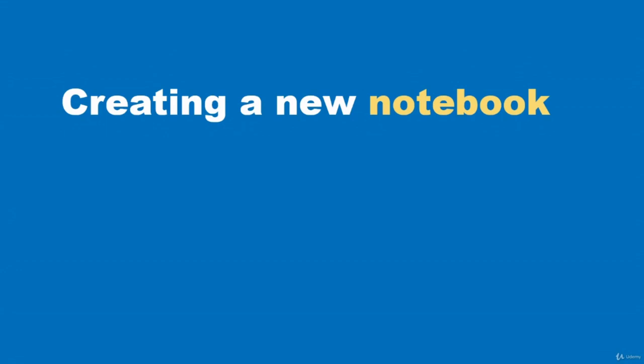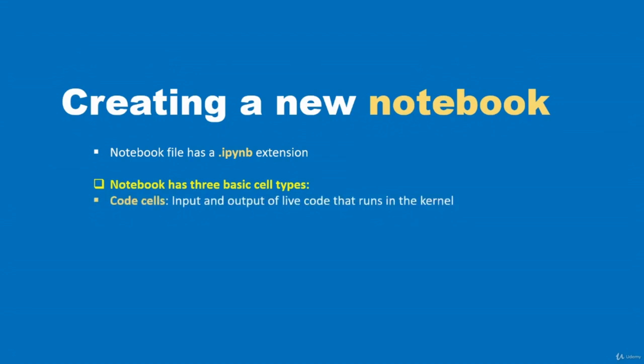A notebook will have the file extension .ipynb. Also, a notebook consists of three basic types of cells. They are code cells, which include the input and output of the live code that runs in the kernel.